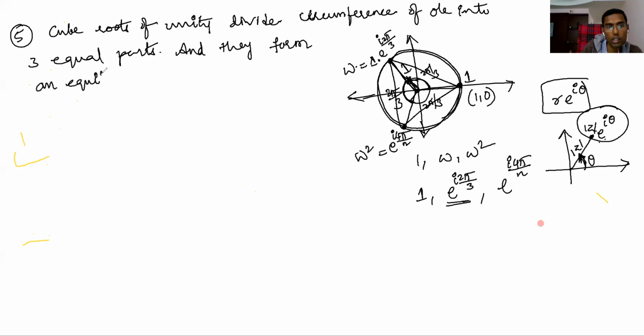Please understand. They form an equilateral triangle, which means they will be the vertices of an equilateral triangle. Cube roots of unity are vertices. Please understand this. They become vertices of an equilateral triangle.